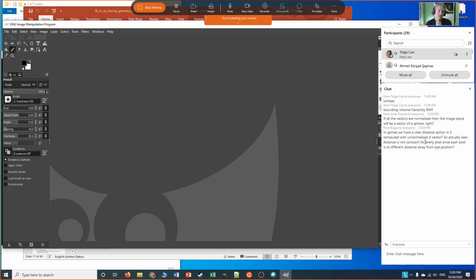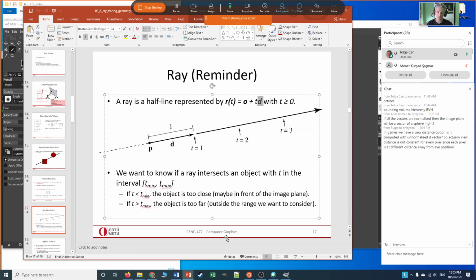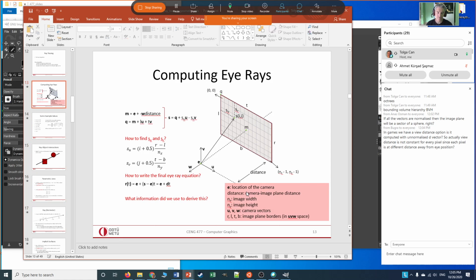But the view distance option actually indicates the distance of the image plane, the point M. In games, this point M is indicated as that parameter. The distance of the vector M minus E is the view distance that you specify.